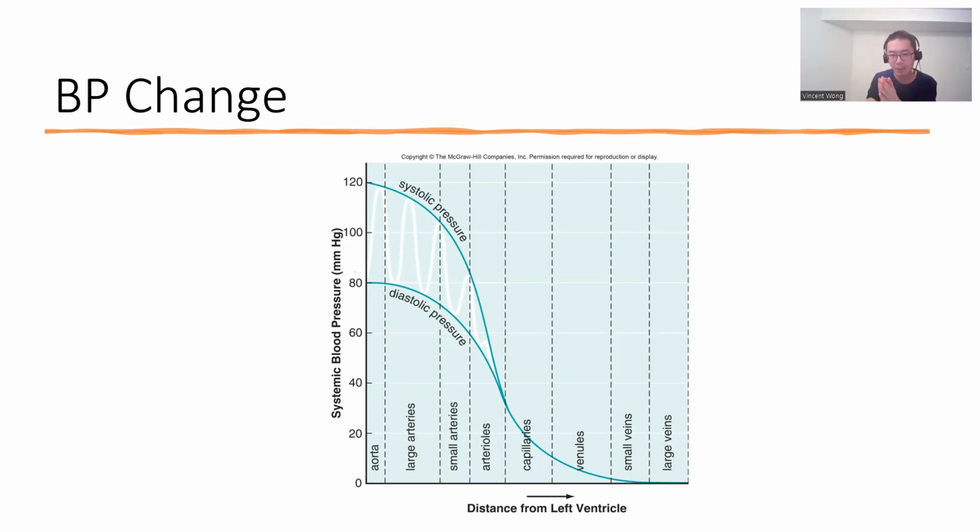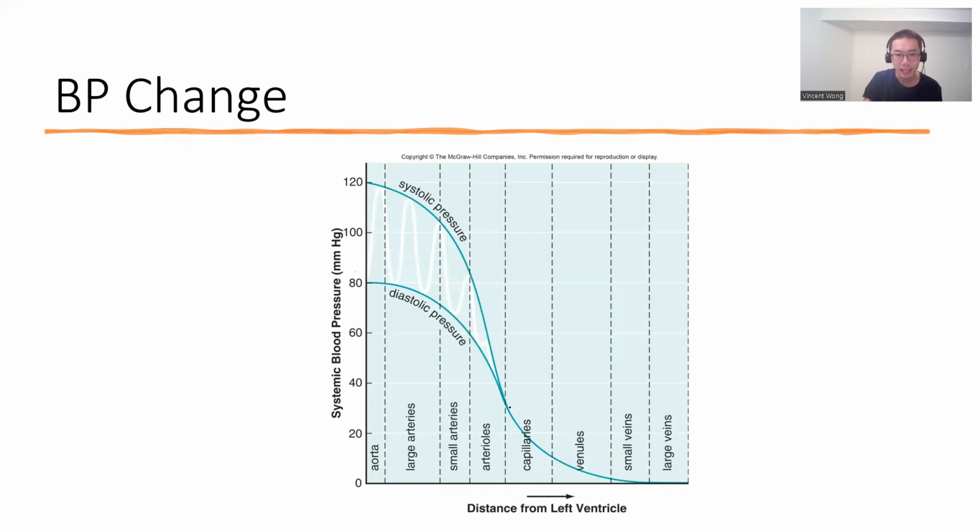Once you are at the capillary and beyond, it doesn't matter whether the heart is contracting or relaxing, you will still feel the same pressure because you are so far away from it. It's only at the beginning that the pressure will fluctuate when the heart is squeezing or relaxing. Once you're too far away, it doesn't really matter.